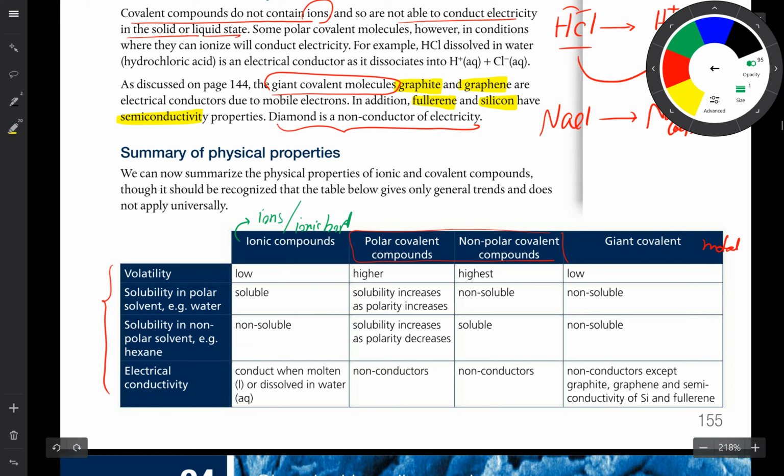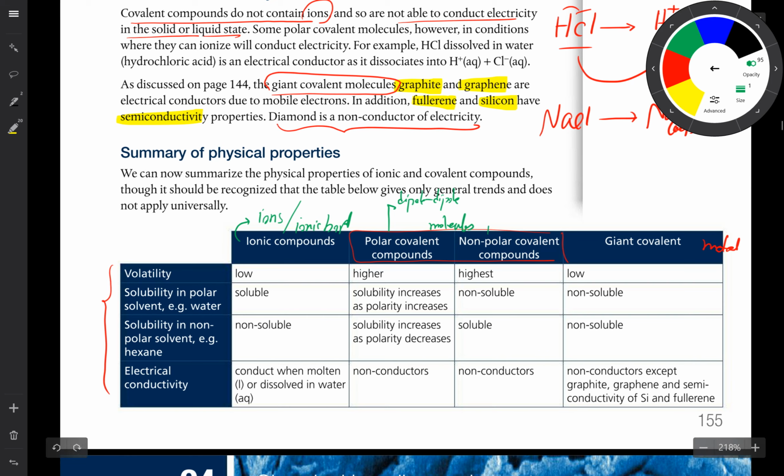For the polar covalent compounds and non-polar covalent compounds, for both of them you have molecules as the base unit, and the attraction between the polar covalent molecules is dipole-dipole attraction. You may also have hydrogen bonding.